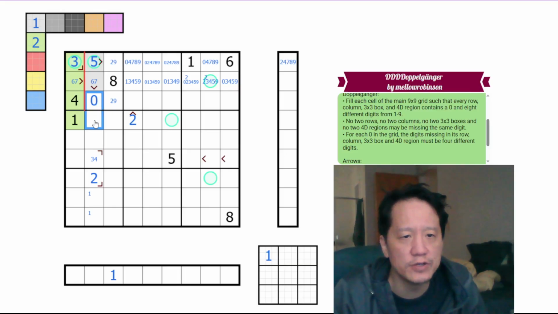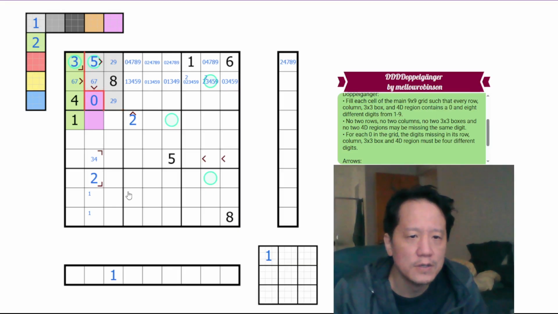So this 0 here is a separate region. And these must be light to fulfill the 5 circles matching the 5 cells there. Green has to go to here.